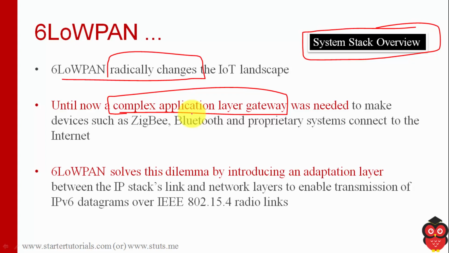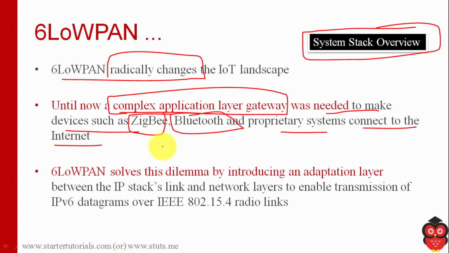So before 6LoWPAN, companies used these application layer gateways. They were needed to make devices using Zigbee, Bluetooth, and other proprietary systems, like Z-Wave, WirelessHART, etc., connect to the internet.